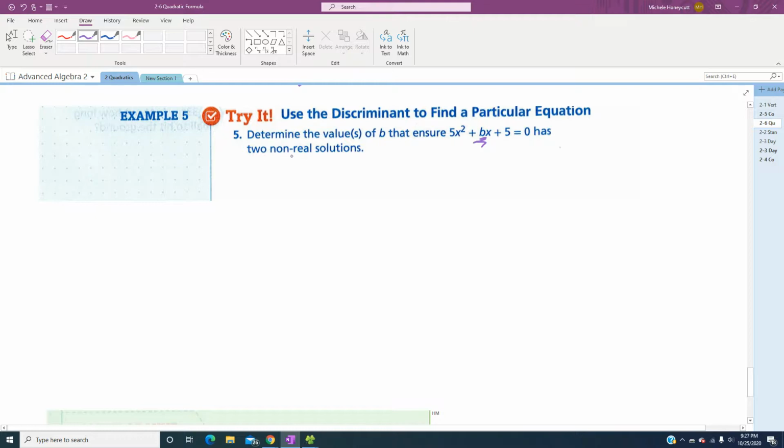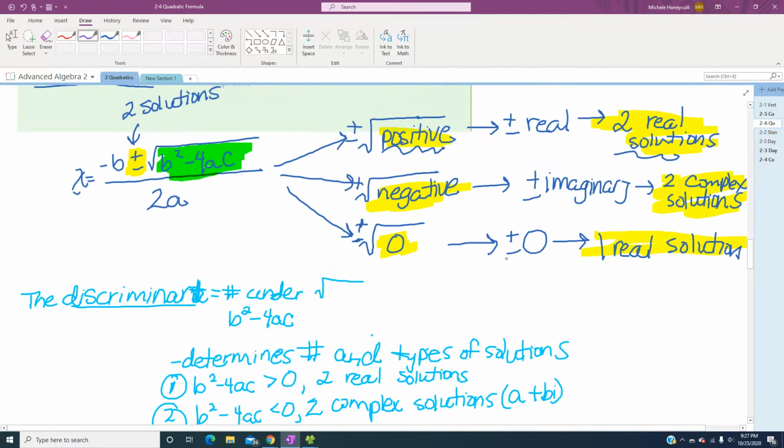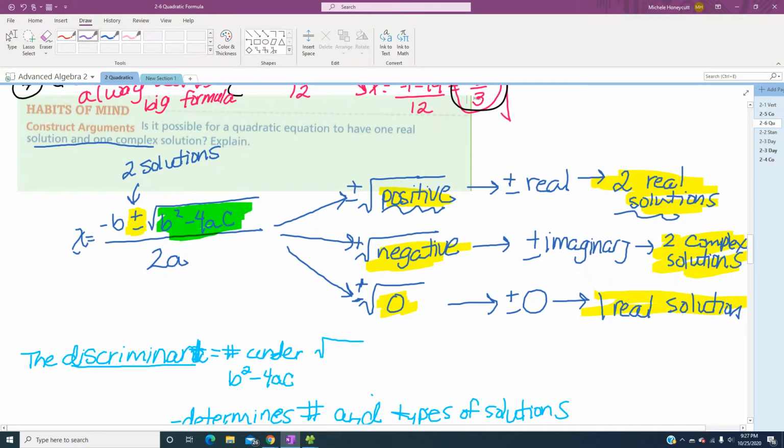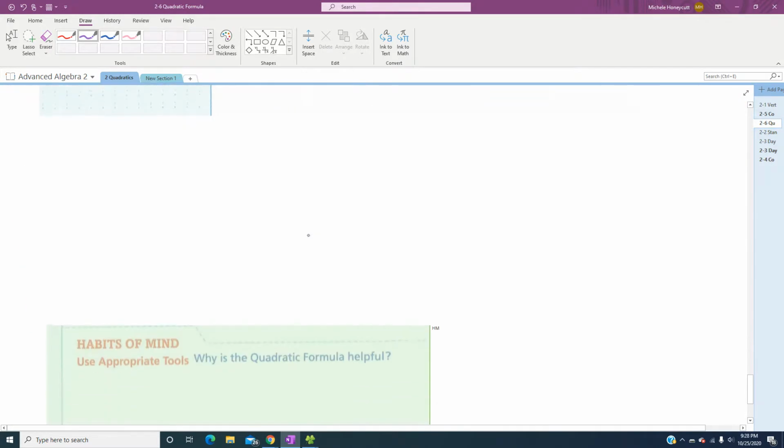So if I want to have 2 non-real solutions or 2 complex solutions, then that means my discriminant must be less than 0. Because as a reminder, to have 2 complex solutions, I need the number underneath the square root to be negative, and the number underneath is b squared minus 4ac, which is the discriminant.